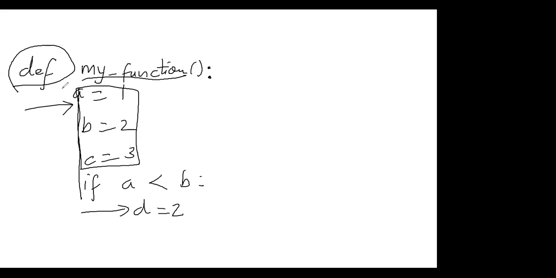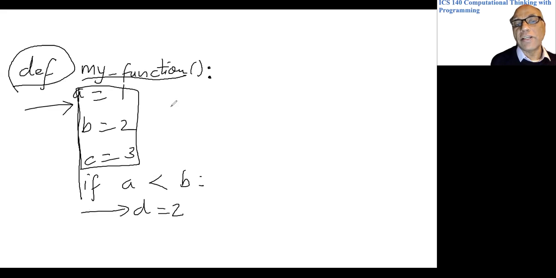So that is essentially what a function is, a group of statements with a name. And you say that we are defining a function by writing def, which is short for define, and put a space here. You need a space and then you give a name. And parentheses are required and then you need a colon. That is what a function looks like.